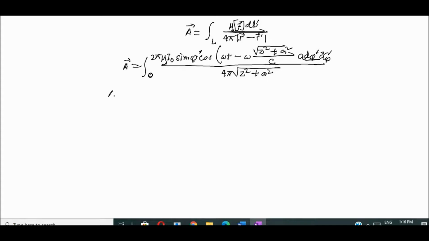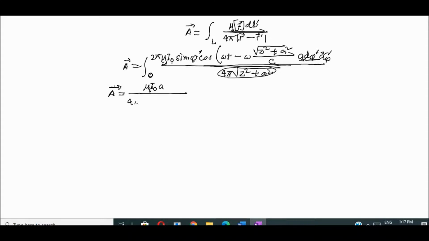So let us take all the constant terms outside the integration operator. If I take back all of them, you have mu naught I naught a over 4 pi, and this cosine also is a constant term, and z square plus a square is also a constant term.